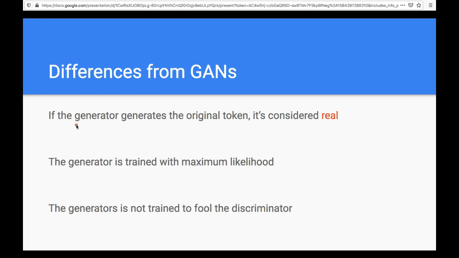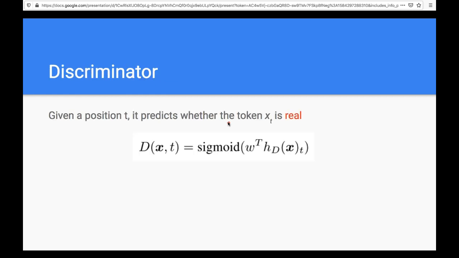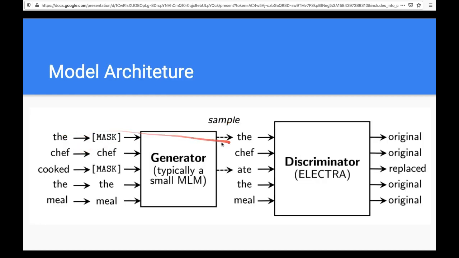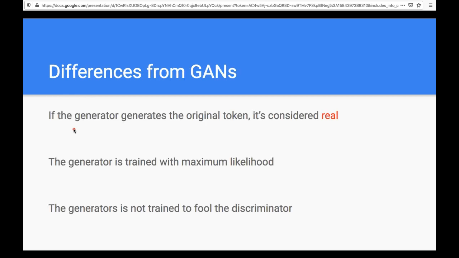But for NLP, that's not the case. When you try to predict the masked token, it's quite possible that you predict a token exactly the same as your input. Like in this case, the generator predicts the first token basically the same as your input. In this case, the token is considered real, so the discriminator needs to predict it as a real token.